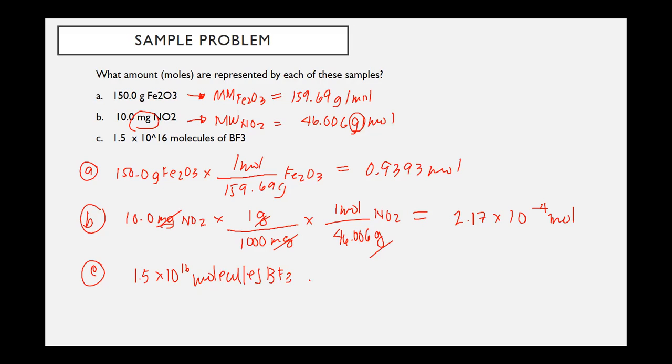So para makuha natin yung moles, we have to divide it into the Avogadro's number, 6.022 times 10 to 23 per 1 mole BF3 is equal to 2.49 or 2.5 times 10 raised to negative 8 mole. So, hope that's clear.